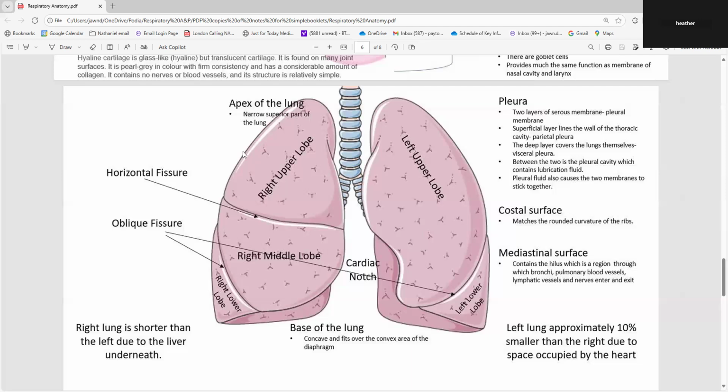You don't want them to stick completely together because every time you breathe in and out, it would be painful. But it just makes sure that when the lungs inflate and deflate, they slide rather than stick. Okay. So that is a very quick anatomy of the lungs.